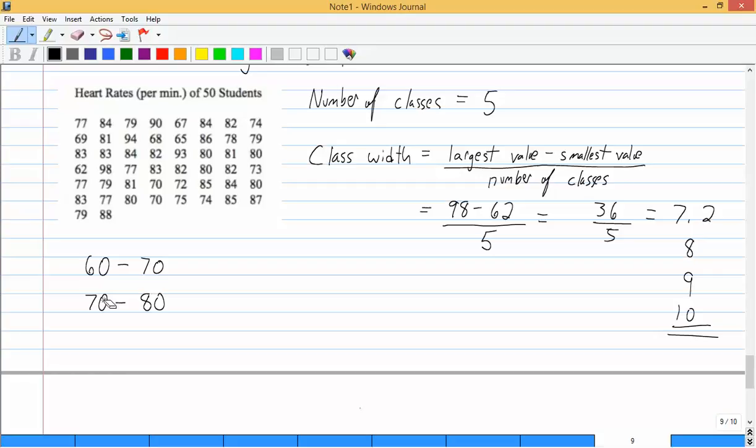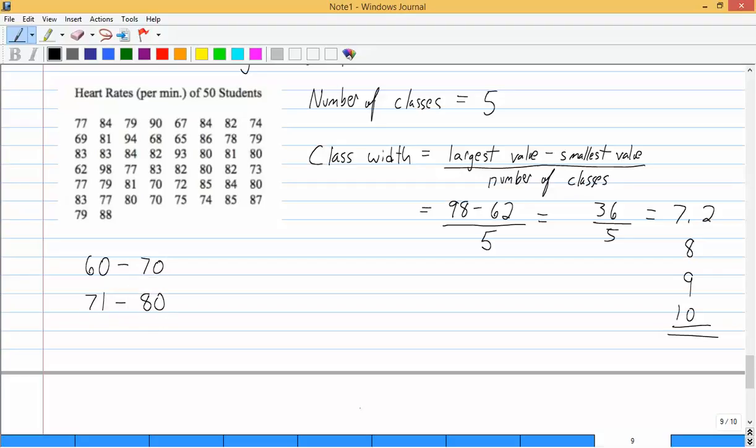No, 71. We need to keep this uniform. So if this has to go to 71, I guess that would be okay. A lot of times decimals are used so that you don't run into that problem, because now this class width is 9.